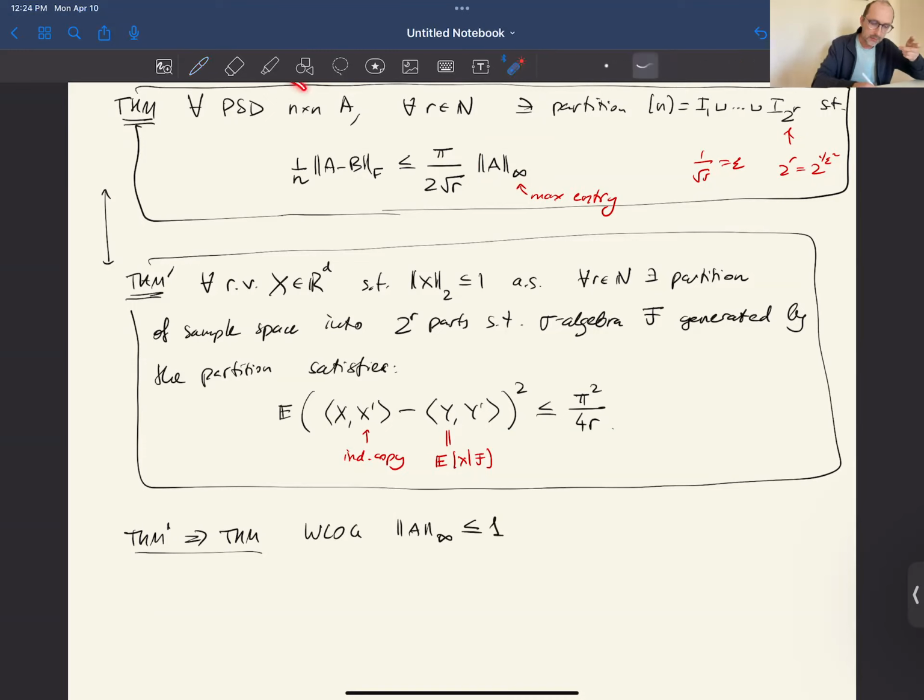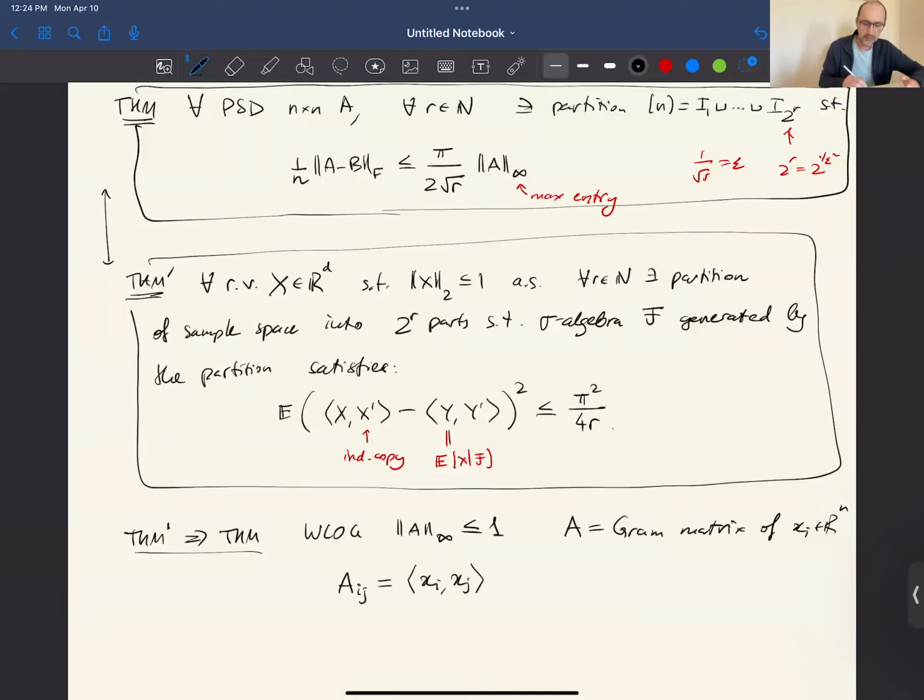A is a positive semi-definite matrix, and as such, any positive semi-definite matrix is a Gram matrix of some vectors. This simply means that the entries are the inner products of xi, xj. You can always realize any positive semi-definite matrix as inner products of some vectors. It follows simply from spectral decomposition.